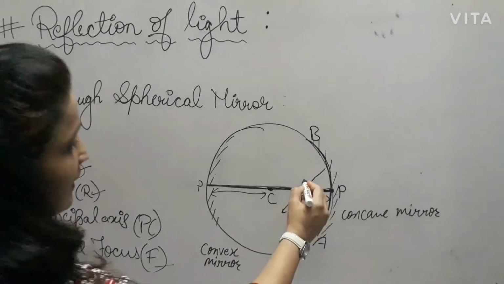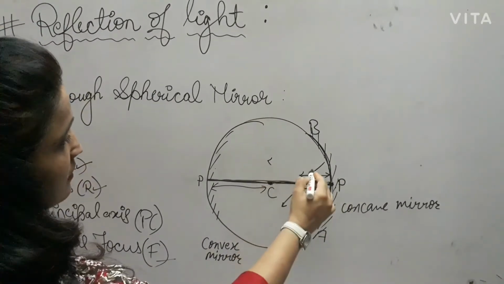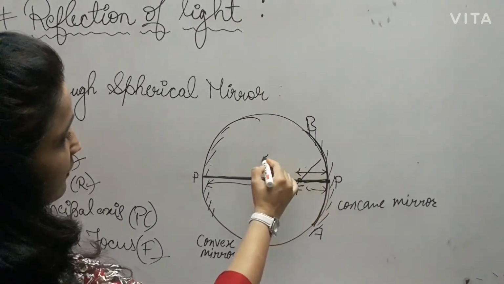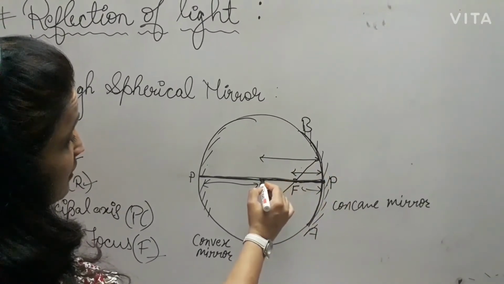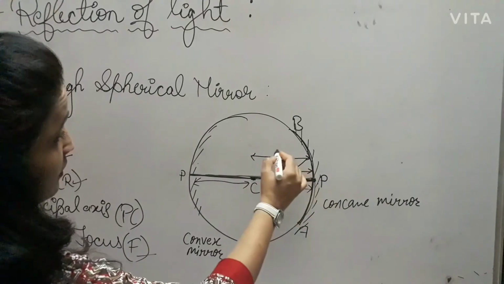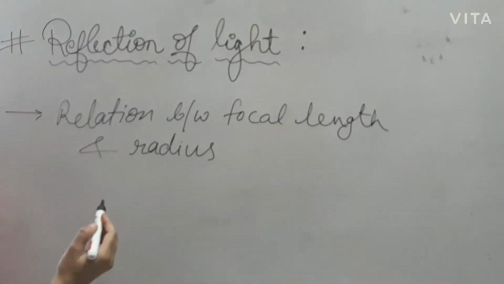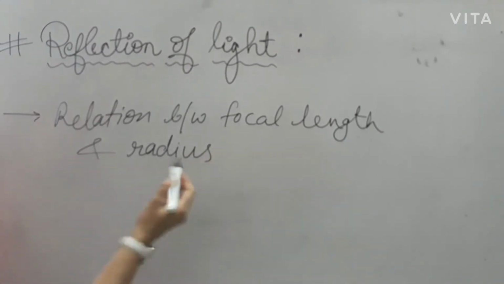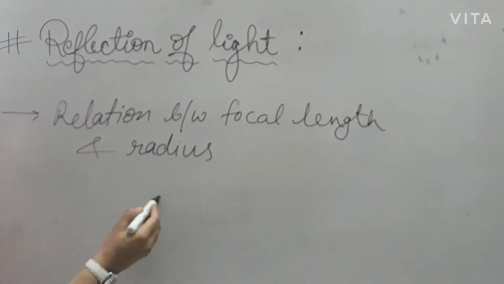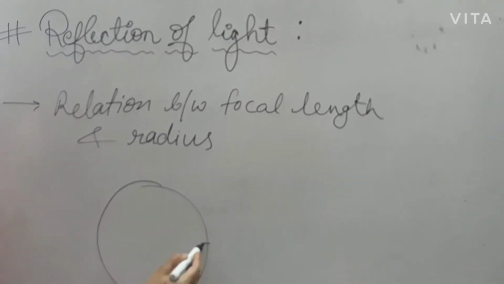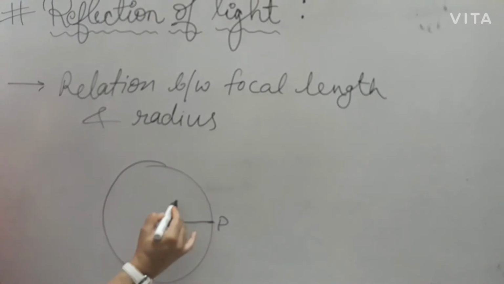The focal length is this one between P and F, and the distance between the center of curvature and the pole is known as the radius. Now what is the relation between focal length and radius? Suppose this is the sphere, this is the pole, and this is the center.